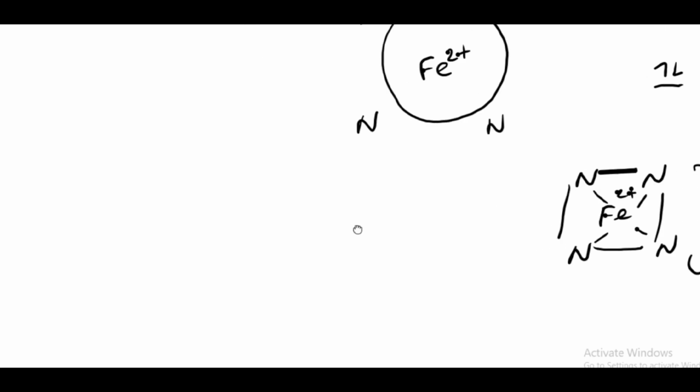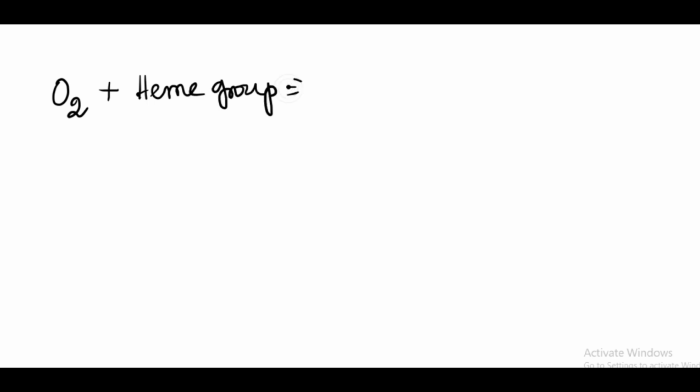Now let us move on to our next discussion: oxyhemoglobin and deoxyhemoglobin and their colors. When oxygen is incorporated with the heme group, it is known as oxyhemoglobin.